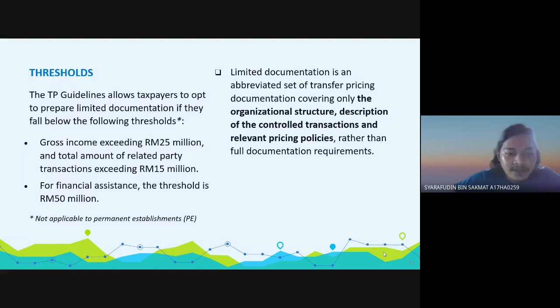However, these two thresholds are not applicable to permanent establishments. For those below the threshold, limited documentation can be used, which only covers the organizational structure, description of controlled transactions, and relevant pricing policy, rather than the full documentation requirement.